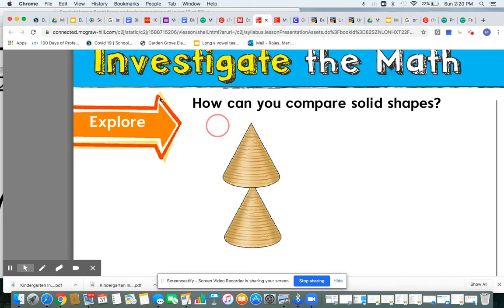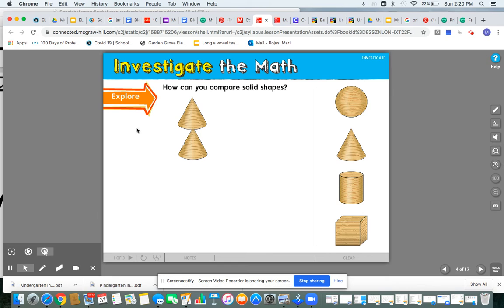Can I slide the cone? Whoops. Oh, what happened? Can I slide the cone? I can slide it. It can slide. So I cannot stack it, but I can slide it because it has a flat surface. And then does it roll? Nope, this cone does not roll because it has a flat surface.